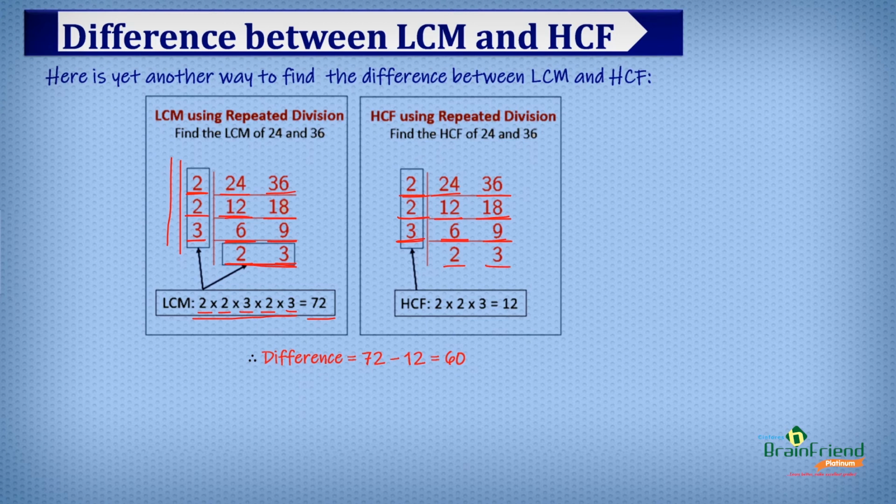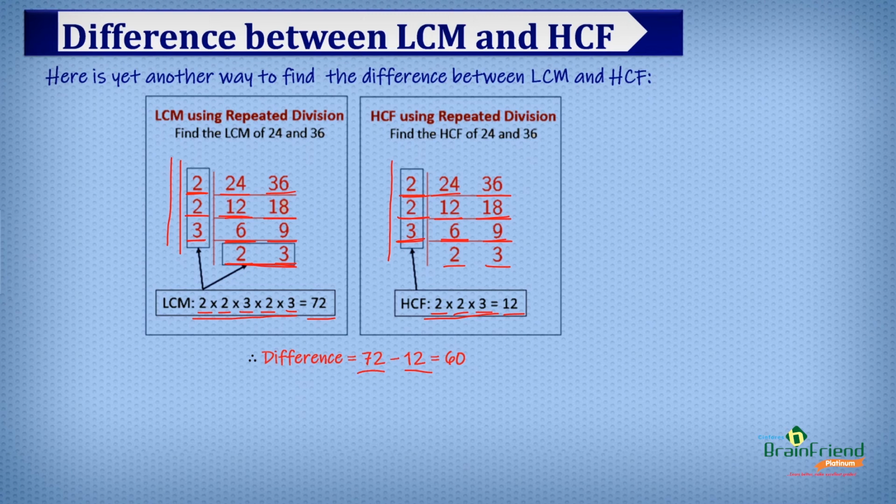Now, our HCF here can be gotten by only taking the common factors. So, we list our common factors, 2 multiplied by 2 multiplied by 3. And when we multiply all this, it gives us 12. So, our HCF is 12 and our LCM is 72.